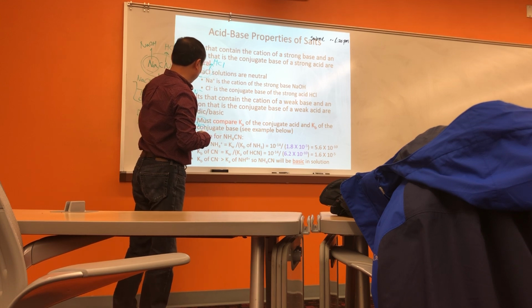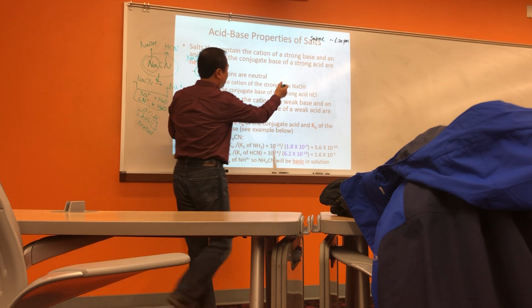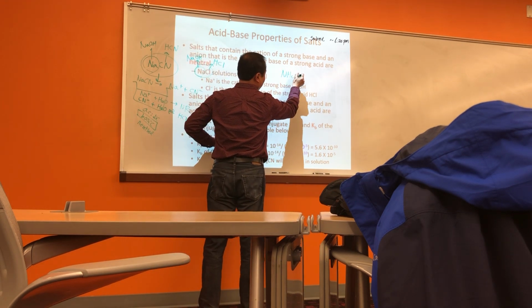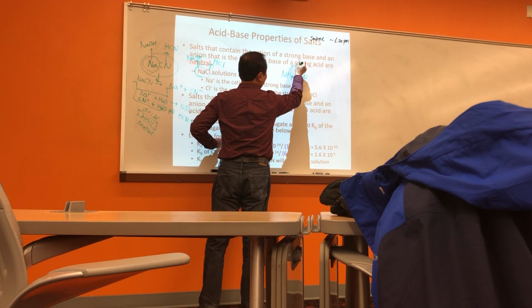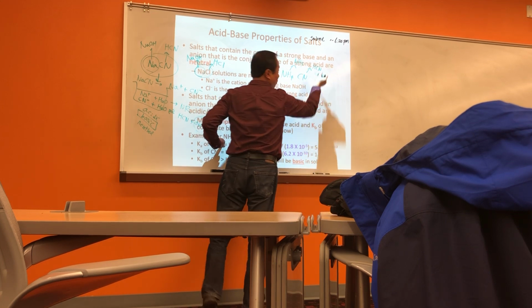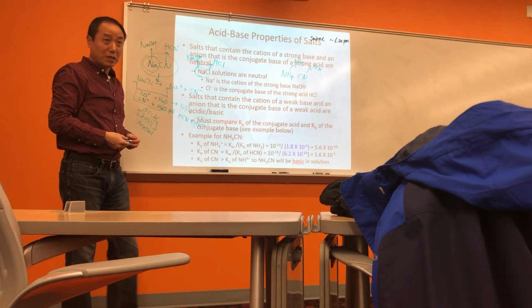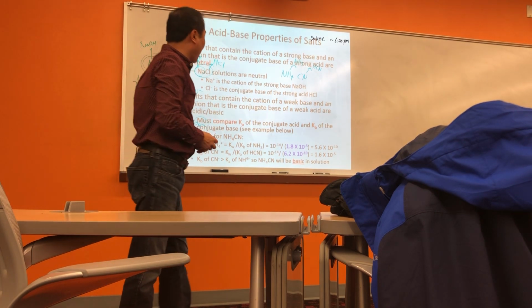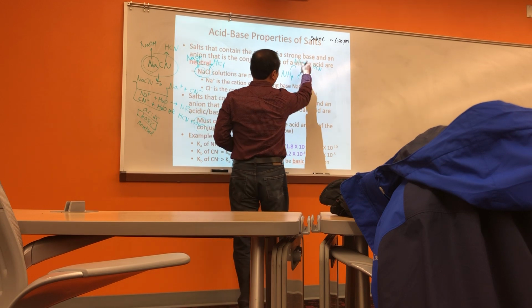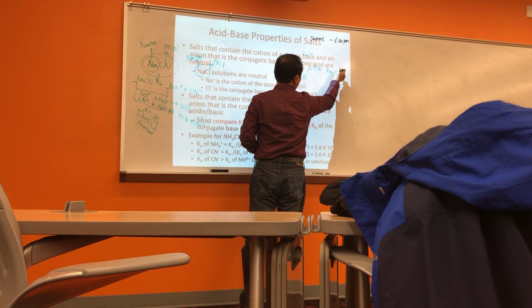What if you have ammonium cyanide? So for ammonium cyanide, this one is from ammonia, this one from HCN. So both are weak. How do you determine if it will be acidic or basic? Well, the shortcut is again: what is Kb, what is Ka?